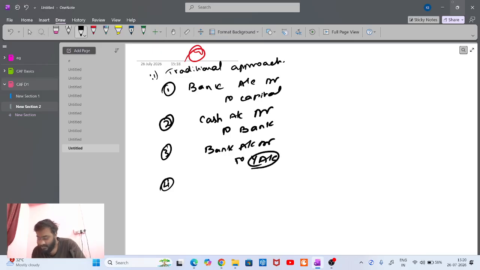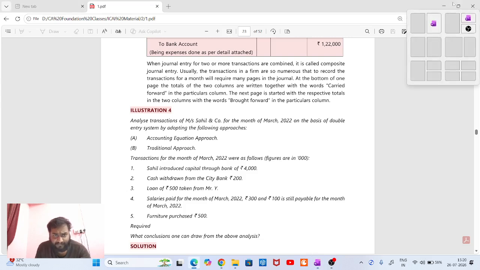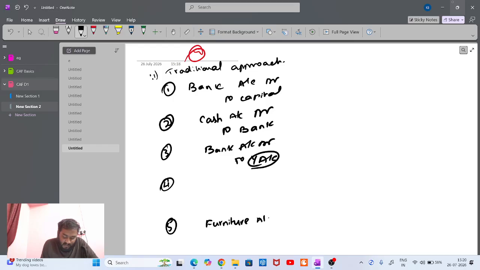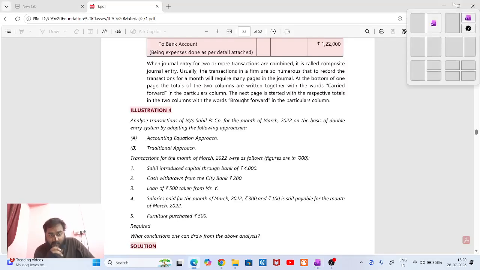Fourth one is a complex entry. Let's keep fourth one. I said fifth one, furniture purchased. Furniture is an asset. Furniture account debit to, how did we purchase? Fourth one I'll do with you.